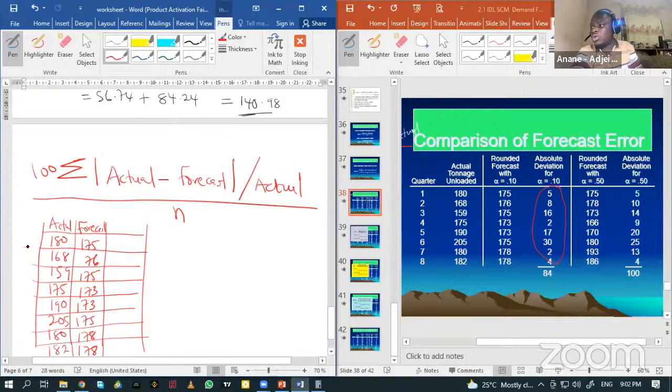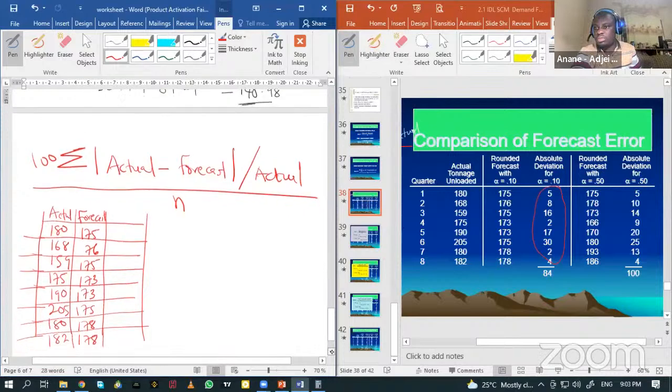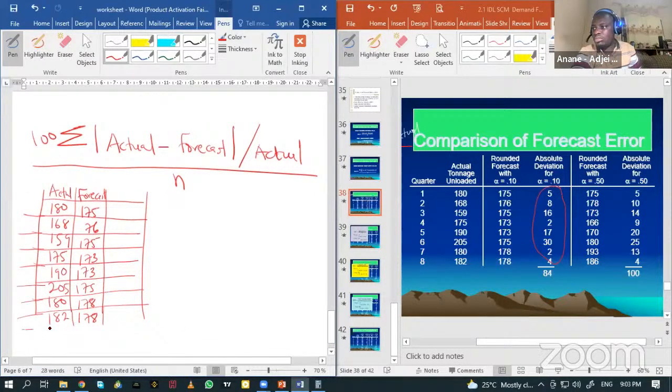Okay, so these are the periods. So this is period 1, period 2, period 3, period 4, period 5, period 6, period 7, period 8.